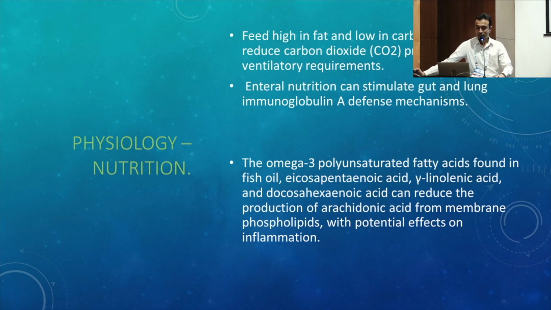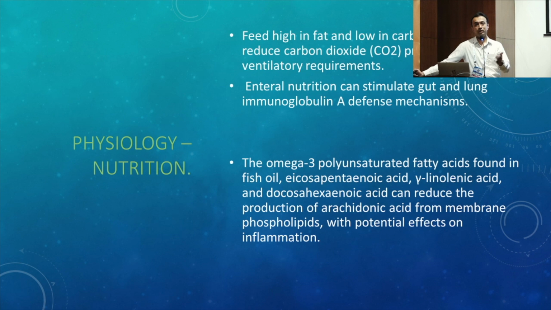There was a major trial which compared omega-3 fatty acids versus omega-6 fatty acids to see if it will have any effect. Why were omega-3 and omega-6 compared? Omega-3 fatty acids were known to be less inflammatory compared to omega-6. Omega-6 led to production of large amount of inflammatory mediators through the lipoxygenase pathway, those leukotrienes and chemokines, but that was less in omega-3.